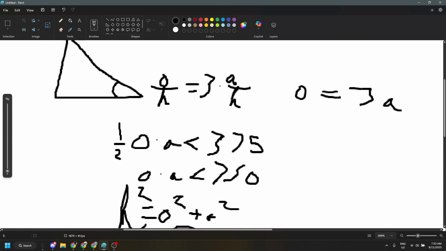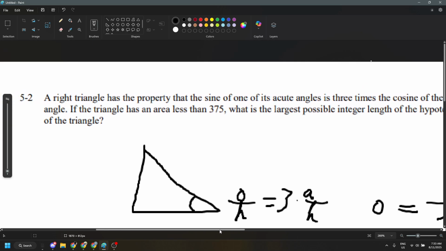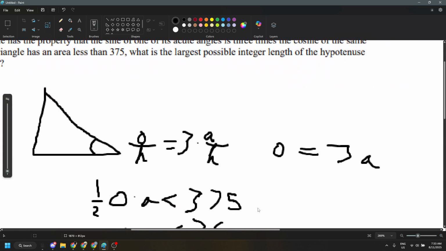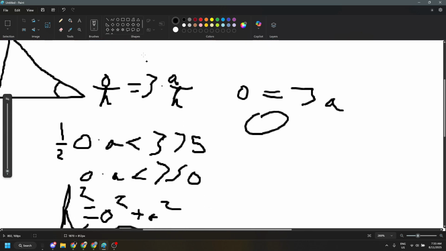If A is something root 10, O is also something root 10. Just going to write this as K, 3K root 10.